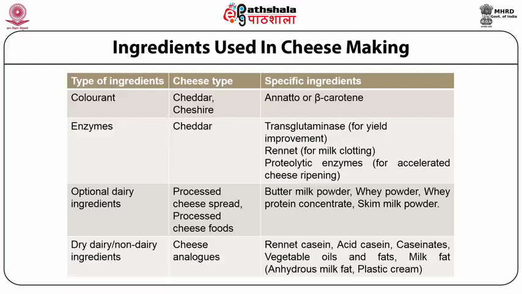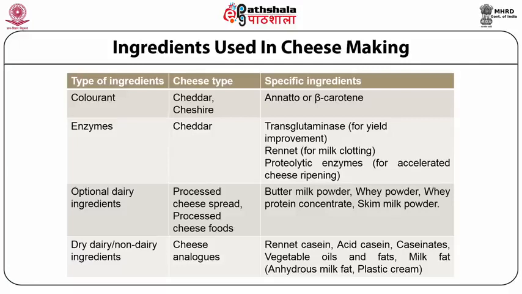The next ingredient is optional dairy ingredients, which can be especially used in processed cheese spread and processed cheese foods. These include alternative milk solid sources like buttermilk powder, whey powder, whey protein concentrate, and even skim milk powder.